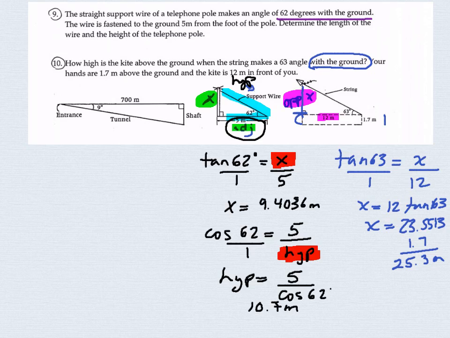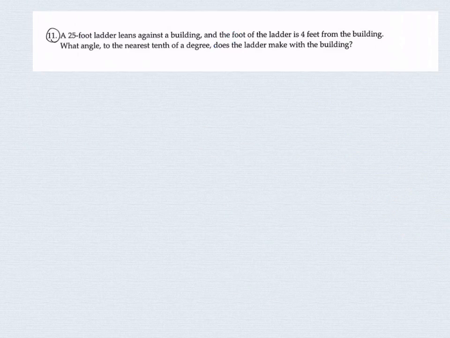Last question that we'll do together. A 25-foot ladder, classic question, leans against a building. So a ladder up against a building. The assumption is the building is generally perpendicular to the ground. So therefore, when you lean something up against it, it's probably on level ground.